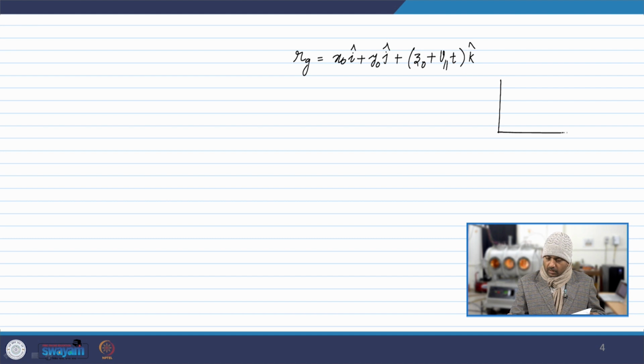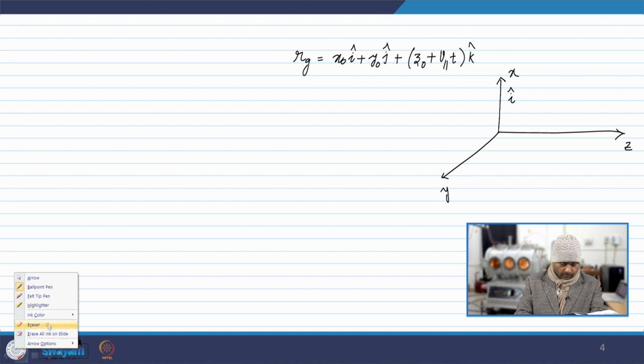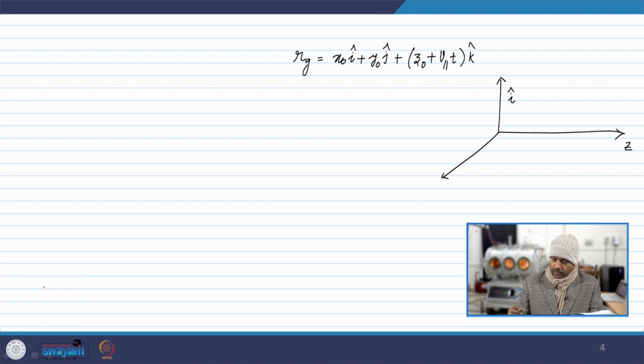Let us say we draw it for an easier understanding. We want to have a right-handed coordinate system that we are familiar with. So, this is x, this is y, and this is the z axis.